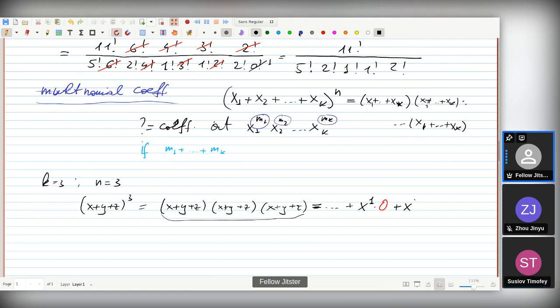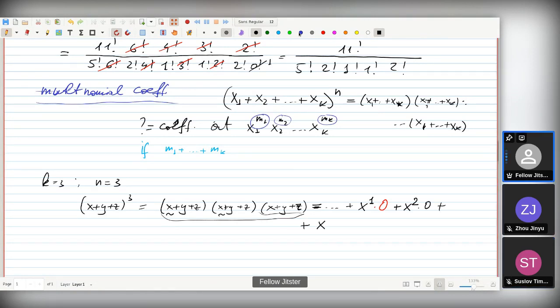What about x squared? How can we obtain x squared? That means that we have taken two copies of x from somewhere, and then we have taken 1, but there was no 1. Yeah, I understand. So here we have still 0.